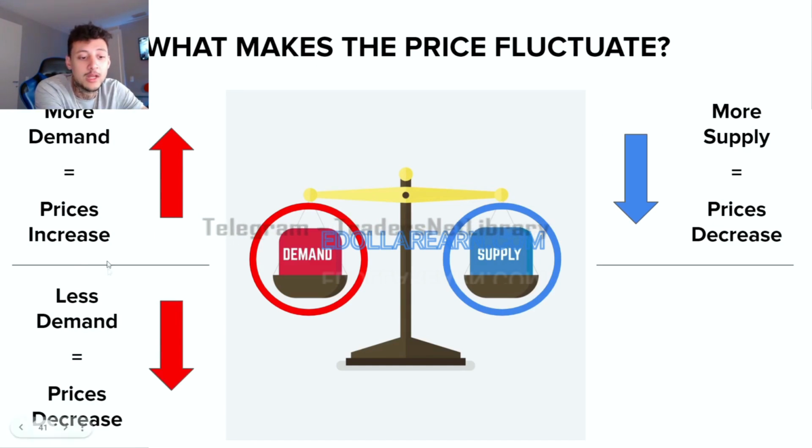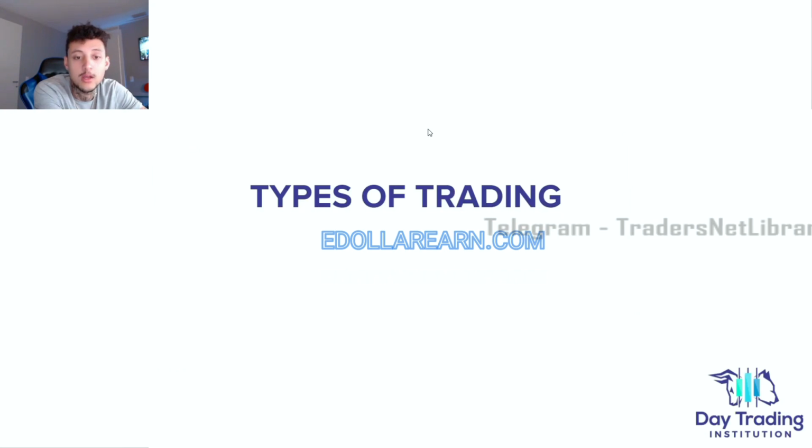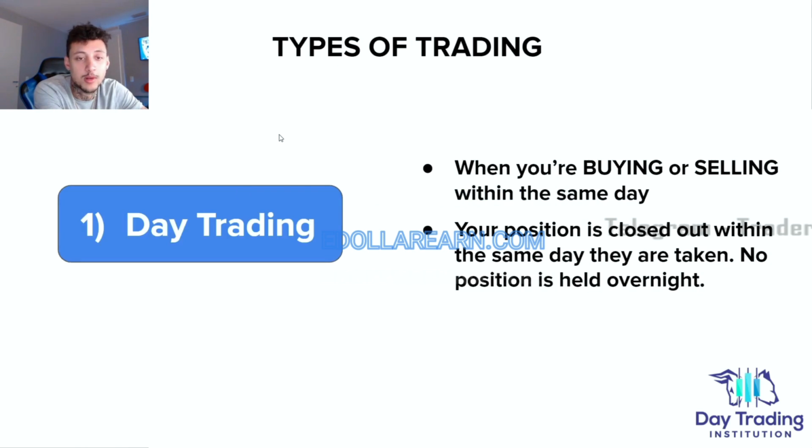So less demand equals a price decrease, and less supply equals an increase of price. This is simple basic supply and demand, and it's the only reason the market moves. You could take into account fundamentals and everything else, but that's the main reason why the market moves.